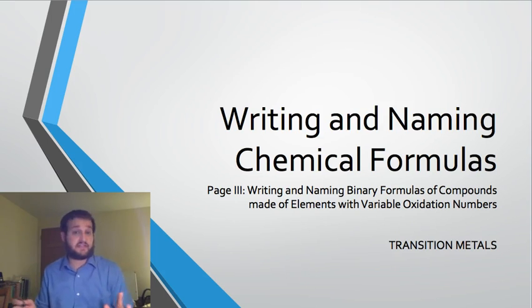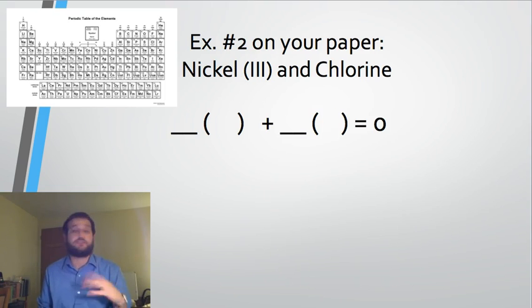So we're going to take a look at an example of the transition metals and figure out how to do this. Now, the biggest thing with this, so go ahead, turn to page 3. We're going to take a look at number 2 together. Nickel(III) and chlorine. Okay. Now, one of the biggest things is you always have to start by asking yourself the question, do we have a metal?